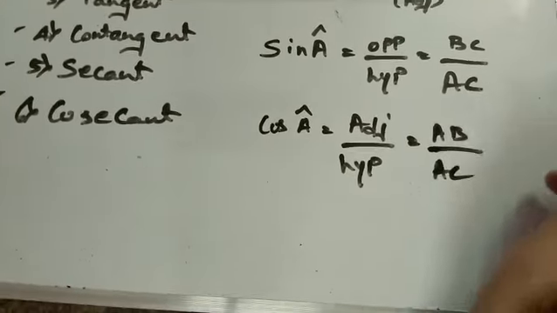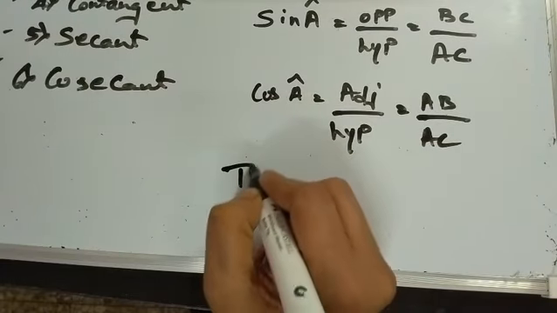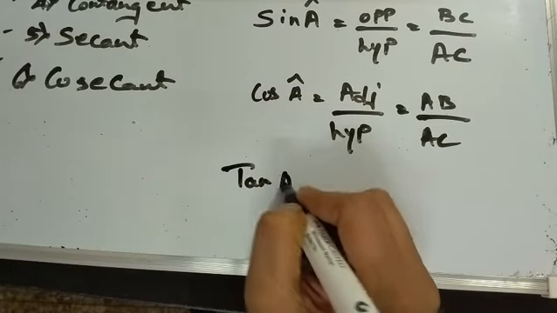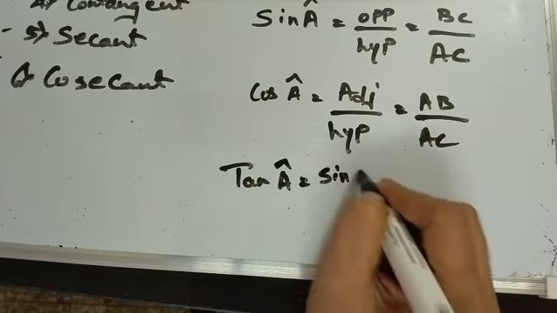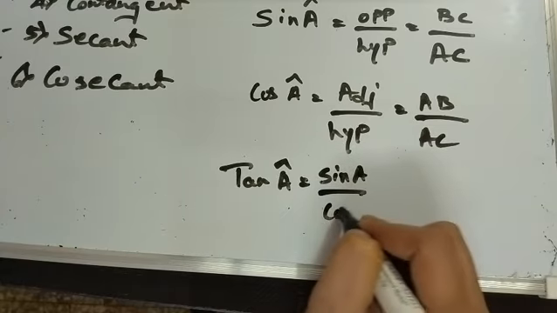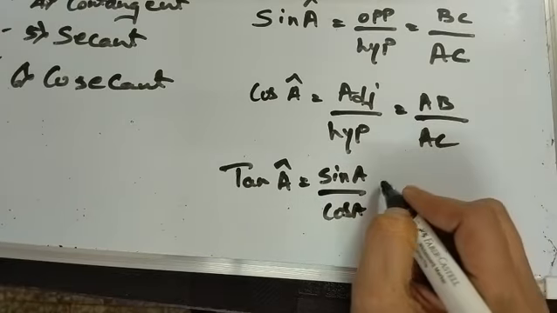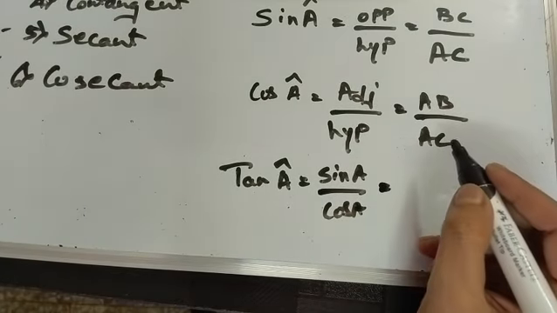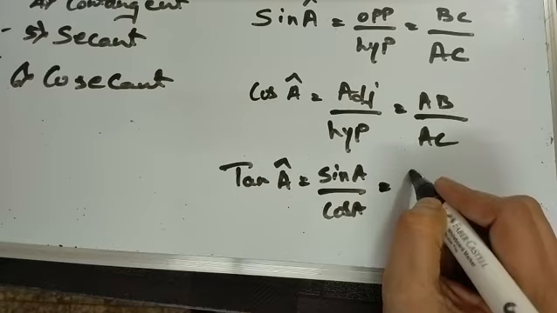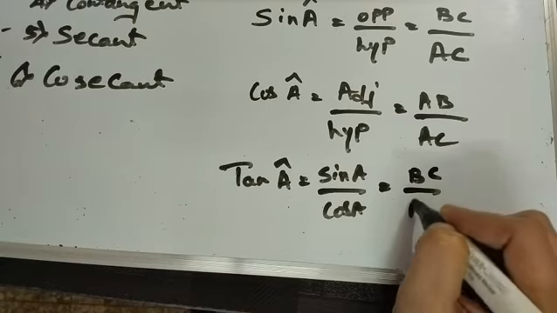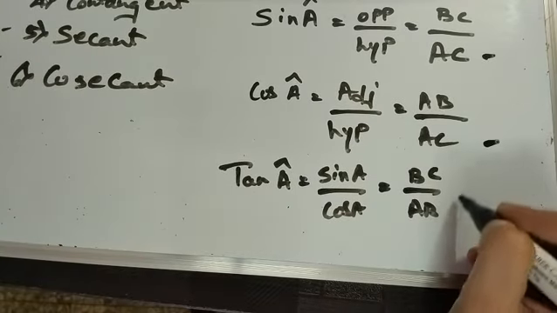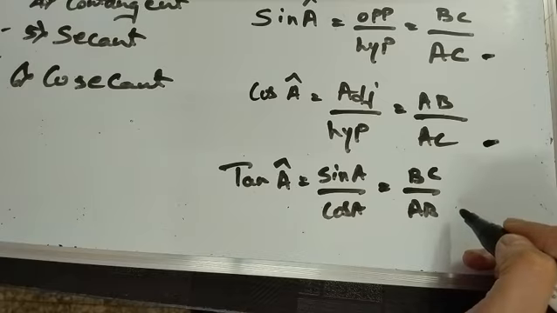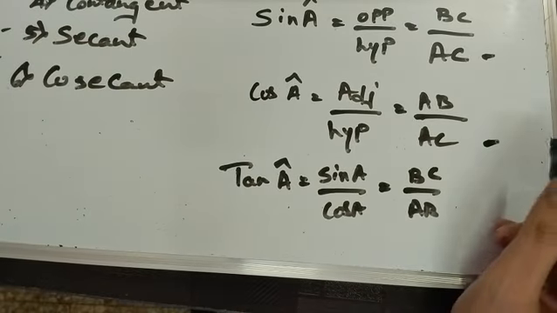And tangent A, which can also be called tan A, is sin A by cos A. So it turns out to be BC by AB, as the two AC terms get cancelled.